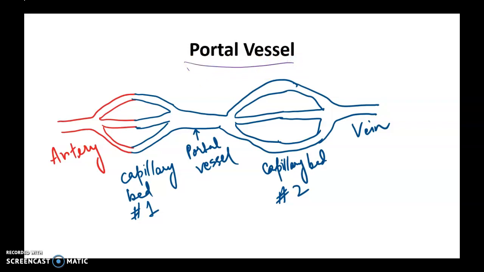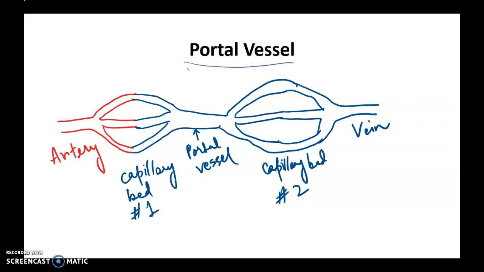Why are we talking about this? Because it's a portal system. Listen carefully. The portal system, the capillary network associated with the blood supply of the kidney, is what plays a crucial role in urine formation.